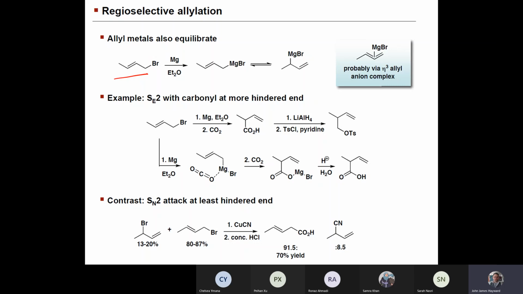And because we say that alkyl groups are electron donating, having the magnesium at the least hindered position is going to be favorable because that's going to be more stable. The less substituted anion, more favorable.